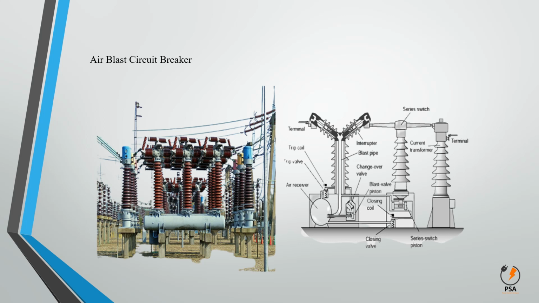Compared to SF6 and vacuum circuit breakers, air blast circuit breakers are rarely used today. Compressed air circuit breakers use compressed air or gas as the switching or interrupting medium. Compressed air circuit breakers offer many advantages, such as fast operation, automatic closing, low maintenance, and more.